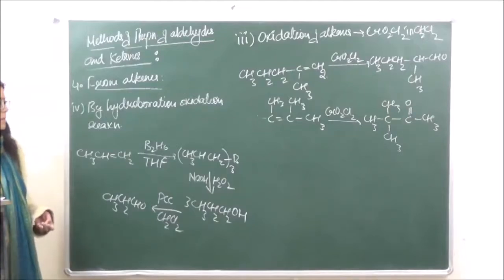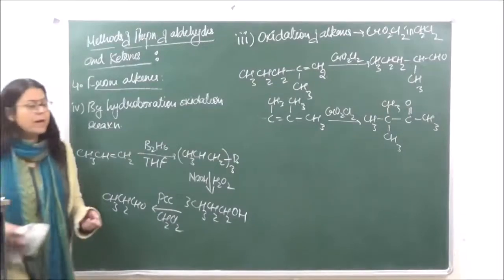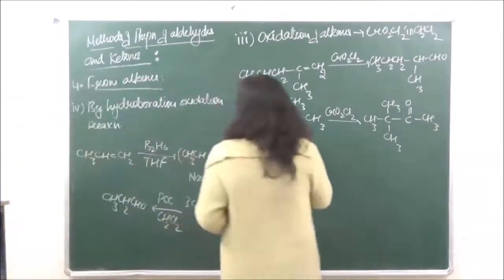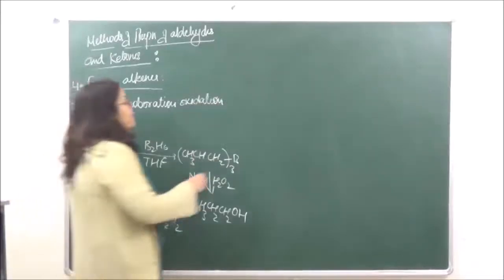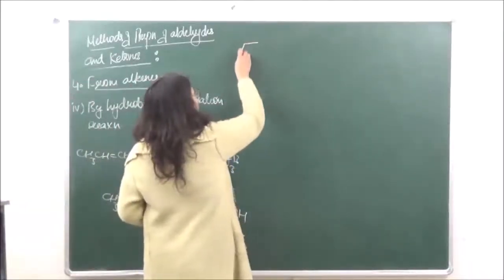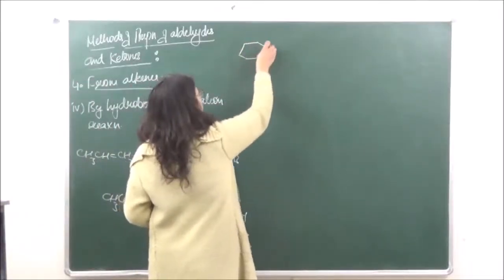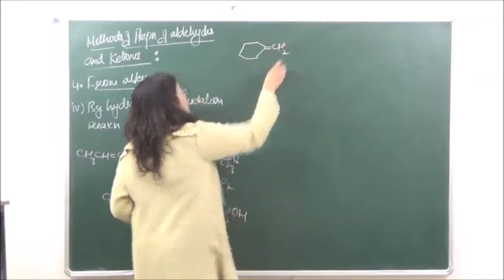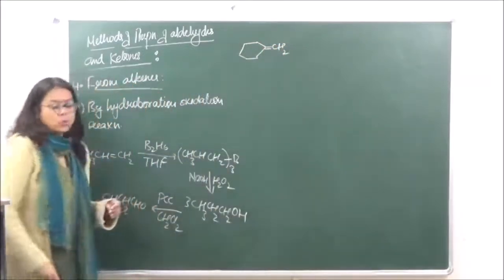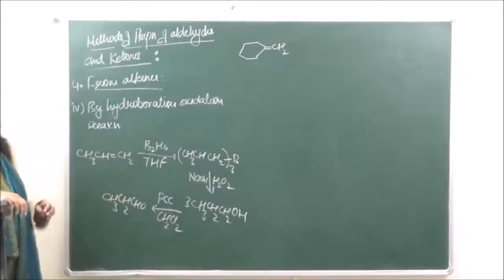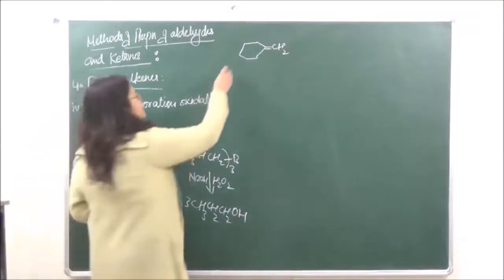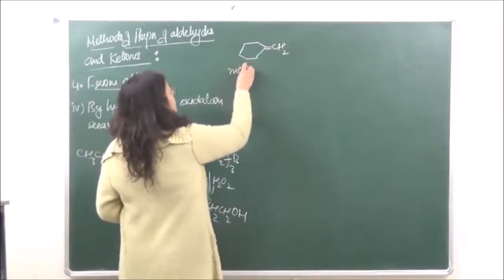Okay? So we can take this with one cyclic compound also. So we are taking over here methylene cyclohexane, CH2. This is methylene cyclohexane, sorry, not hexene.